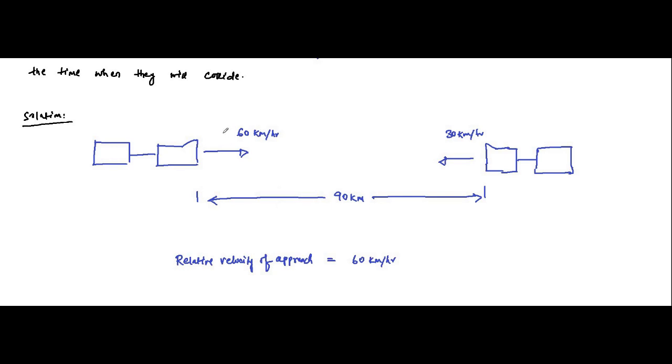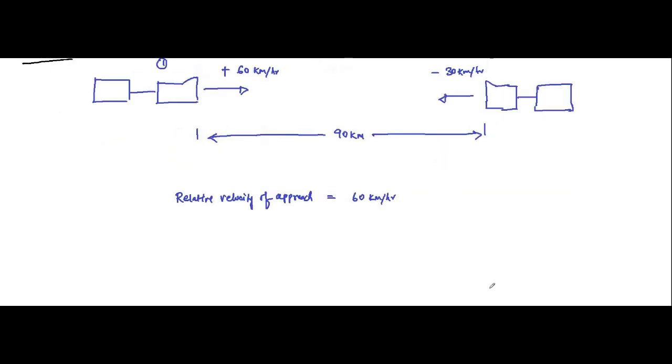As I have already explained, everything towards the right, towards upward side, it is positive, downwards and left are negative. This is moving towards the left, so that is why it is negative, minus 30. So here I am taking the relative velocity of approach as the relative velocity of this train 1 with respect to 2, with 2 as the reference.